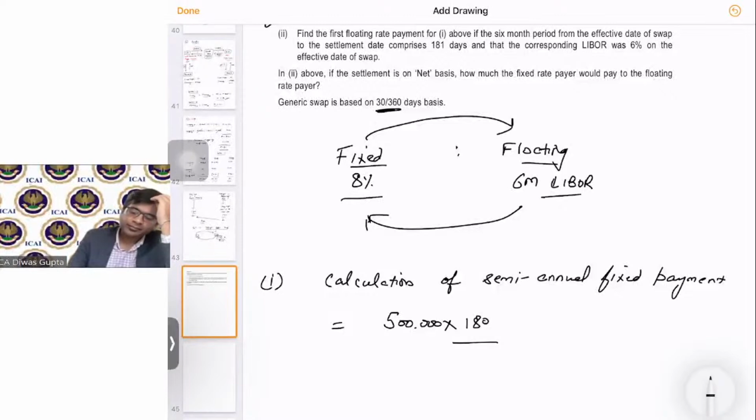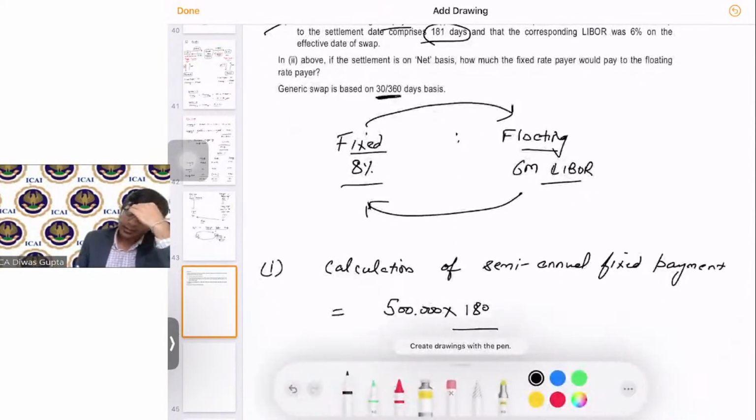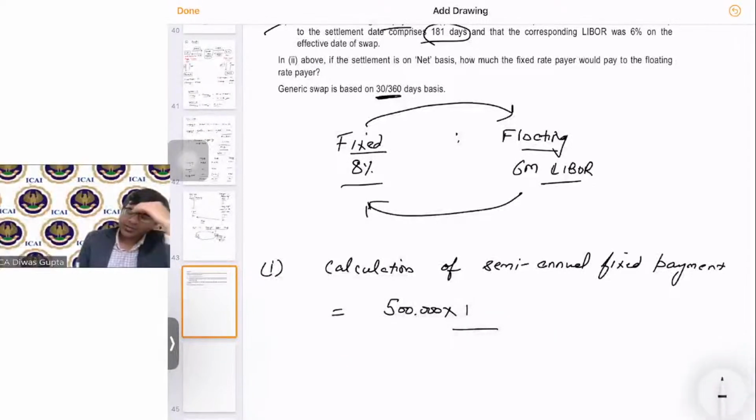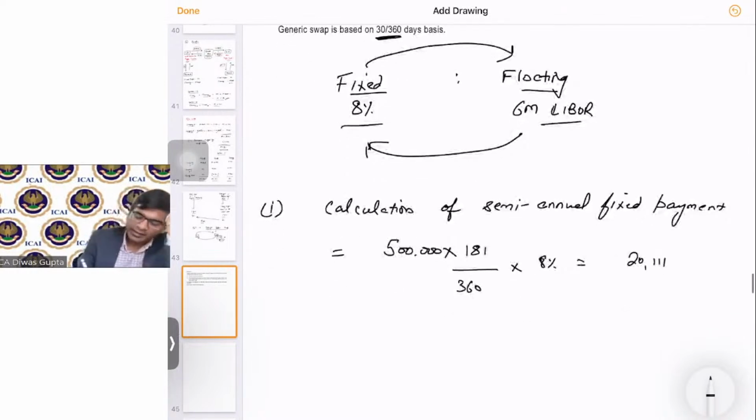Okay, wait. If you read the second part, it says to find the first floating rate payment, where the 6 months from the effective date of swap to the settlement date comprises 181 days. So it's better to take 181 days in this case, because the question is indicating that the swap you are computing is for 181 days. The effective period is 181 days. 8% is the fixed amount. So it comes as 20,111. So the semi-annual fixed payment is 20,111.